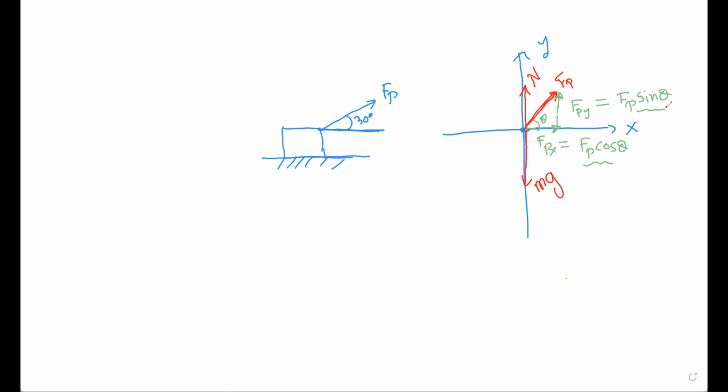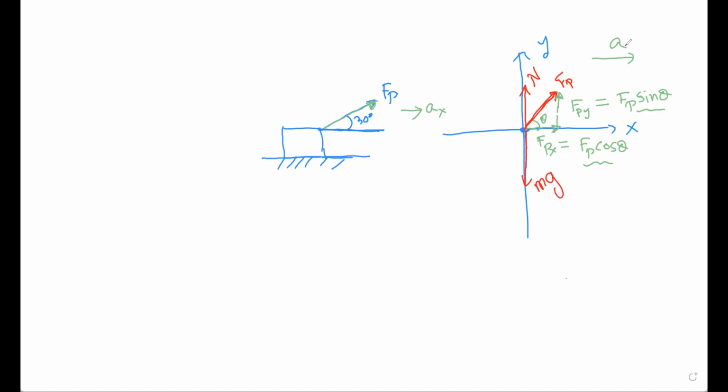When you pull this object in this direction, the acceleration will be only in this direction. So we should also draw a vector for the acceleration, and that means we have acceleration only along the x-axis. There will be no acceleration along the y-axis for this problem.